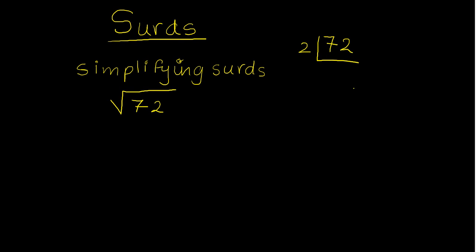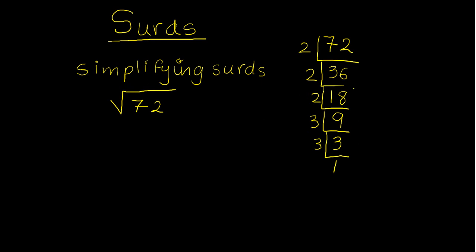72 is divisible by 2, so 72 divided by 2 is 36. 36 divided by 2 is 18. 18 divided by 2 is 9. Then 3 goes into 9 3 times, and then 3 goes into 3 once, and when I reach 1, I know I've completed all of the prime factors.